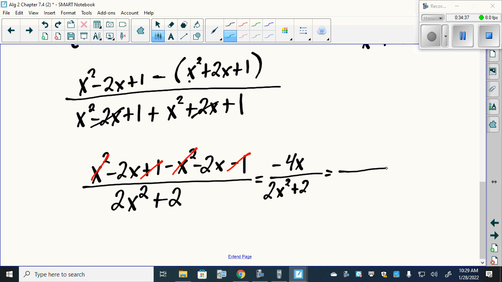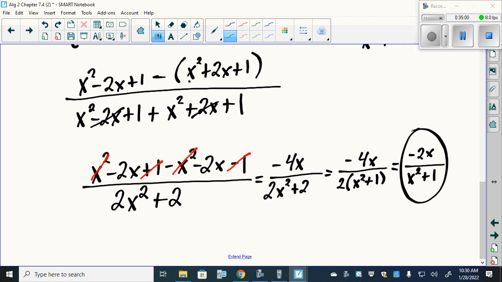Exactly, because the denominator has a common factor of what? 2. Well, we can factor out the 2, which would give us negative 2x over x squared plus 1, and that would be it.